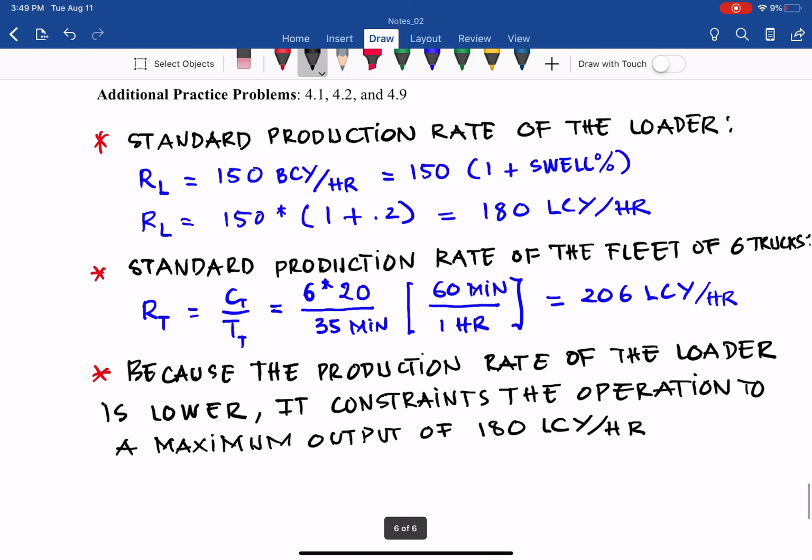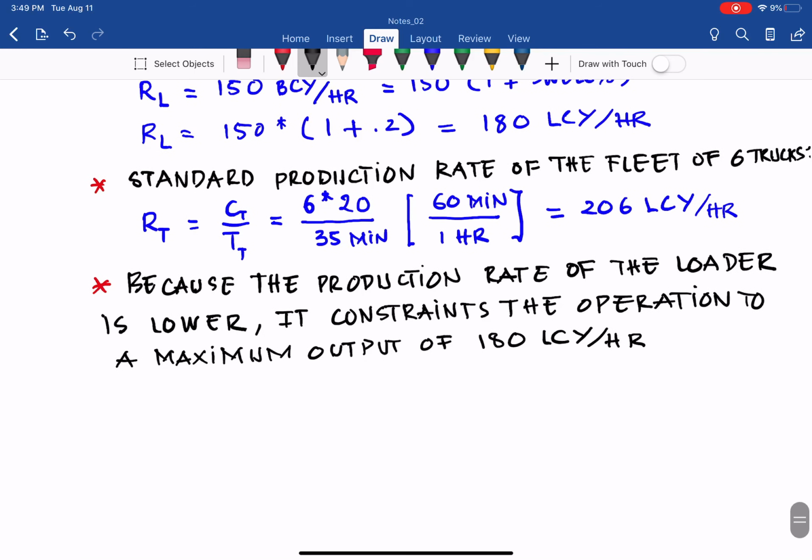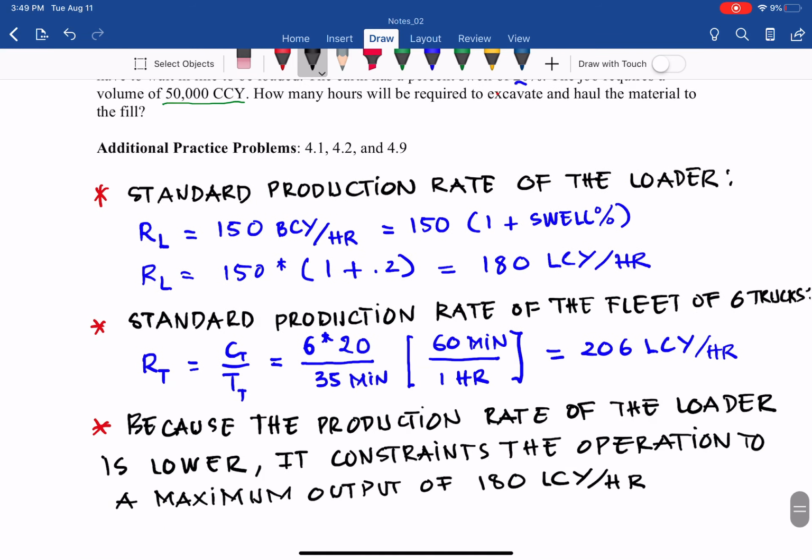So basically, that is the bottleneck. So from that, we can know what is the production rate for this whole system, 180 LCY.